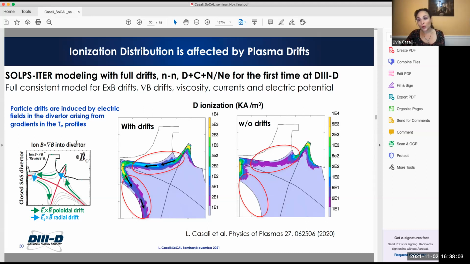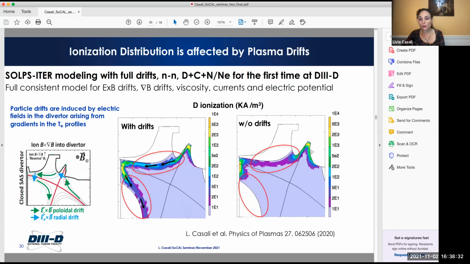Now, particle drifts are induced by the electric field in the divertor, and these arise from gradients in the T profile. In these experiments, the ion grad B drift was into the divertor, and in this direction, drift tends to move particles from the outer target to the inner target.